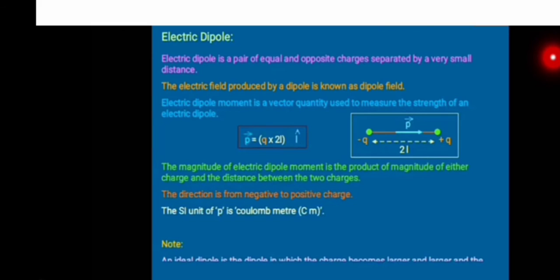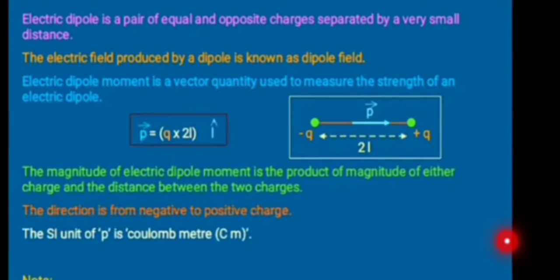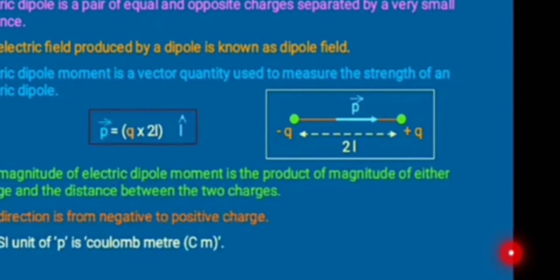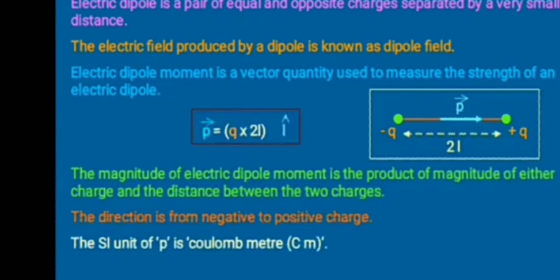An electric dipole is defined as two equal and opposite charges separated by a small distance.